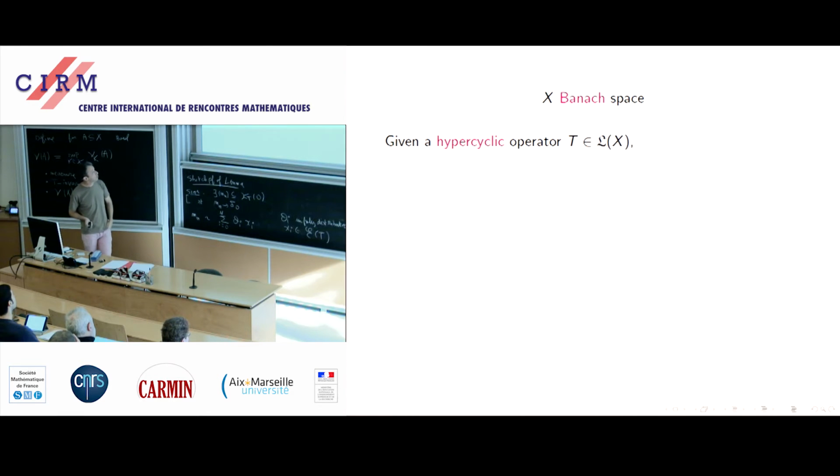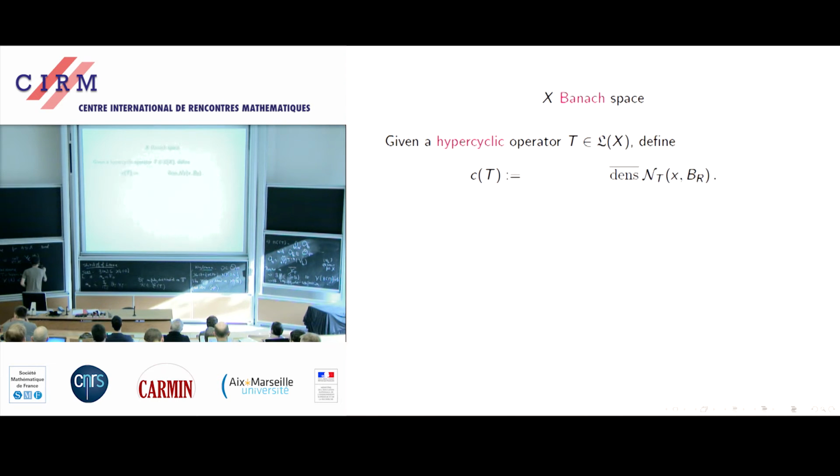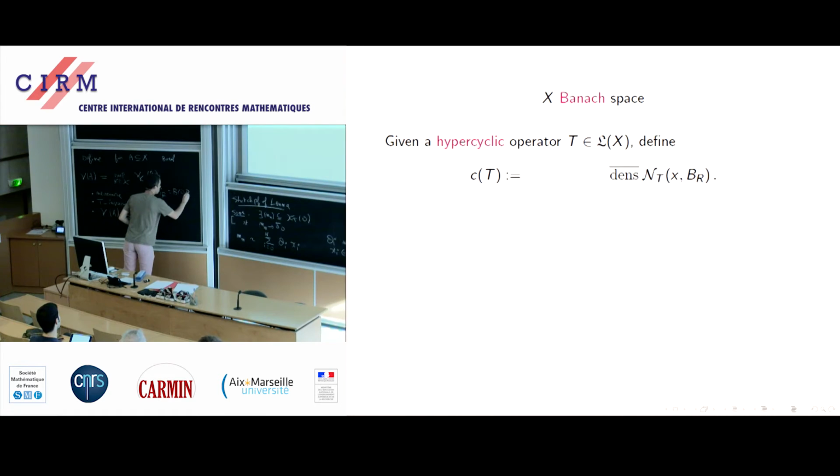So you take a hypercyclic operator T, and you define this C of T. You look at this time the upper density of sets of this form, where the open set is an open ball centered at 0, B_R. So you look at such quantities, and you take the supremum over all hypercyclic vectors, and then the supremum over all R, and this is C of T. Okay, this is the definition.